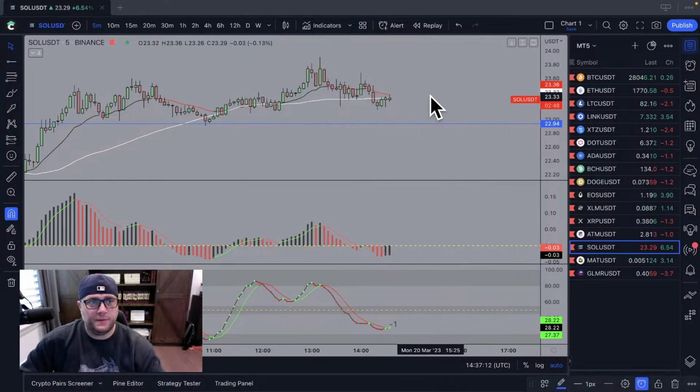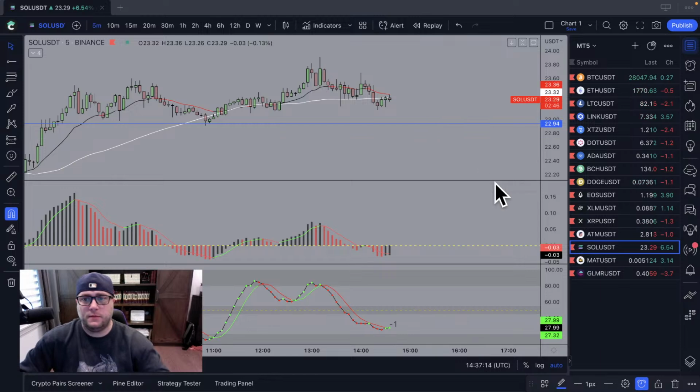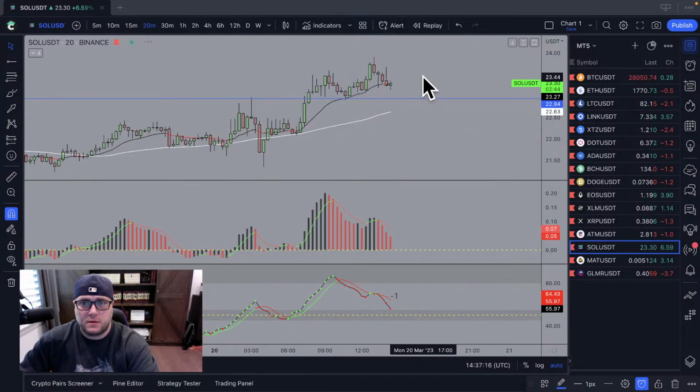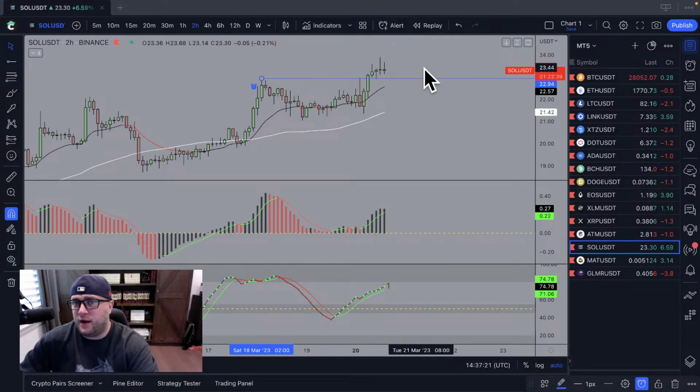Hopefully it don't trigger yet. There you go. Yeah, anything above that line on the 2-hour chart, you might have to ride it up just a tad bit, but yeah, I would bet anything that we're going to touch 22.94 within the next 24 hours.